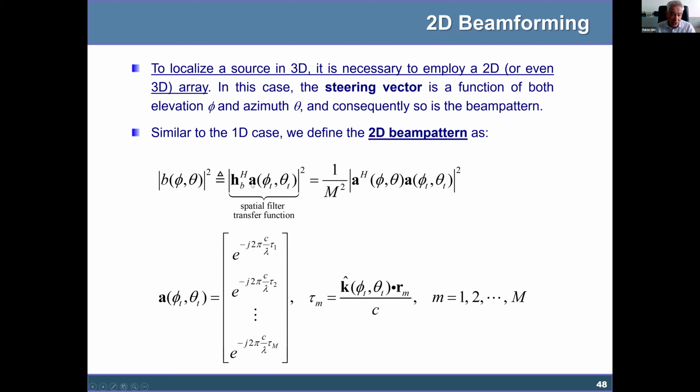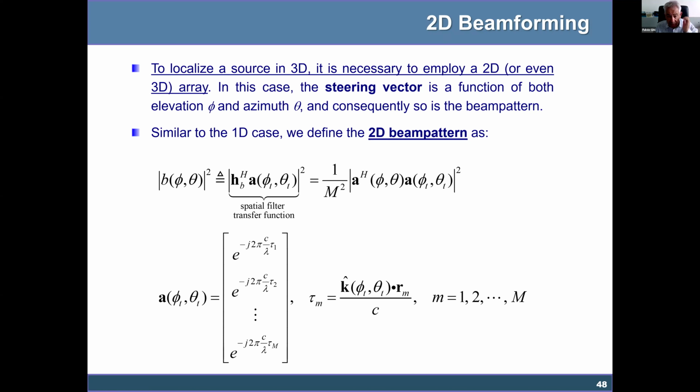Now, if you have a two-dimensional array, so the elements of the array distributed over a plane, the beam pattern depends on the elevation and the azimuth, and is defined as what? Let's assume you have a signal that comes from a direction of arrival specified by this elevation, phi t, and this azimuth, theta t. The beam pattern is the inner product between the array response and the impulse response of the beamformer.